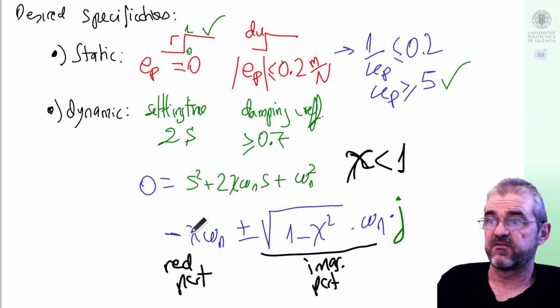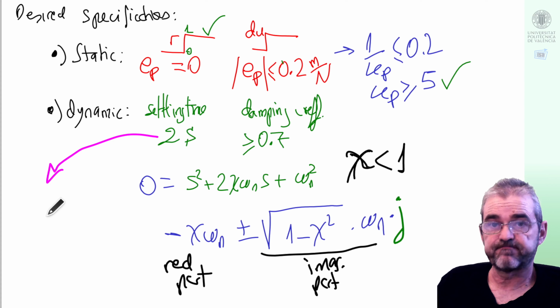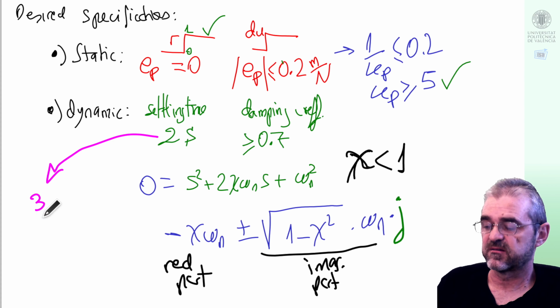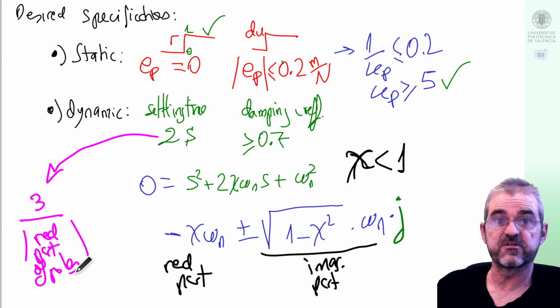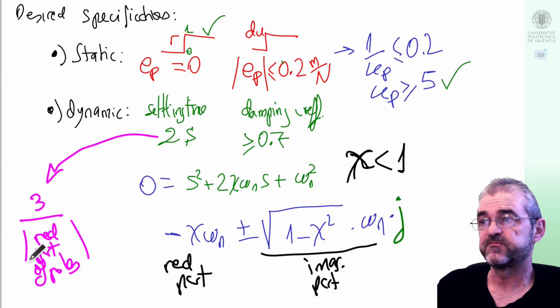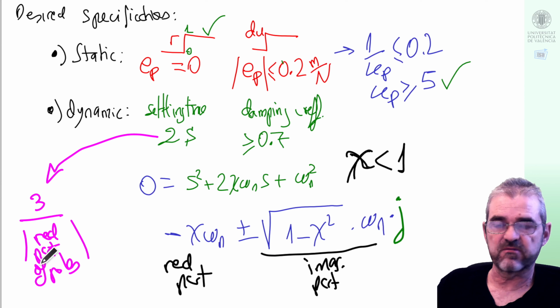Then, if settling time is 2 seconds, as settling time is basically 3 over the absolute value of the real part of the poles, assuming of course that the real part is negative to be stable. In some books, instead of 3, you will have pi or 4. It's just 95%, 96%, 98% variations, but roughly it is this.